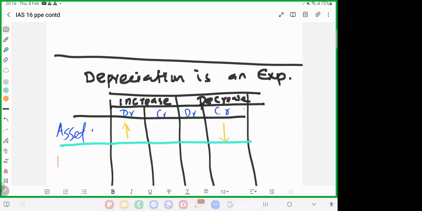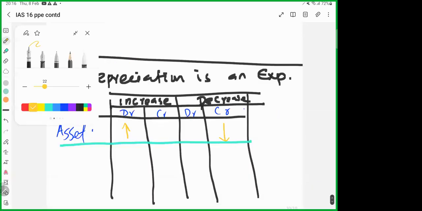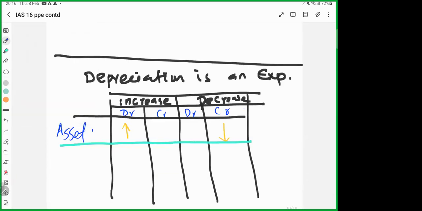Next item, liability. If the liability increases, I should credit.